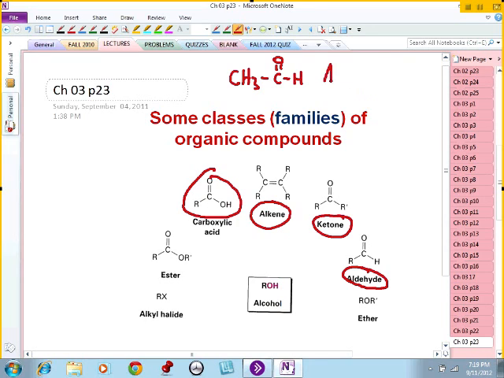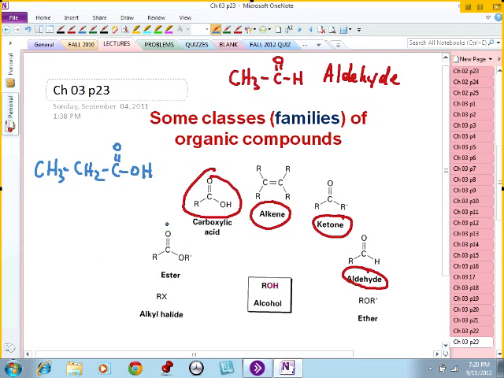That's an aldehyde. So this would be an aldehyde. Okay, supposing I have this. What class of compound is that? A carboxylic acid.